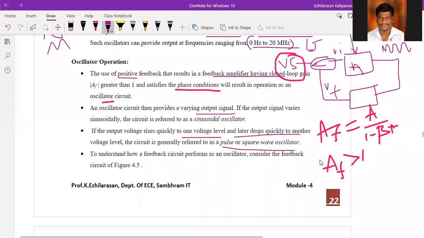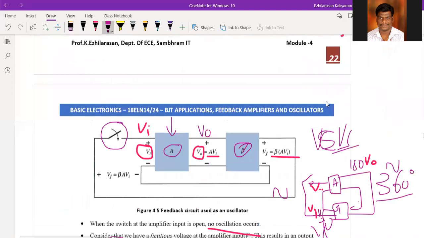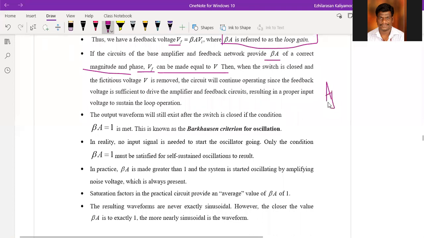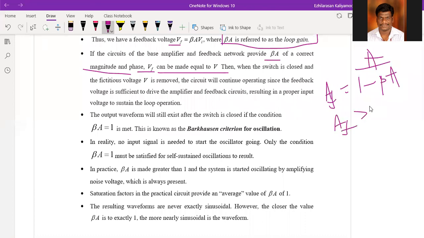For that only, you remember I said initially, in the positive feedback amplifier, your AF must be greater than 1. How can I get AF greater than 1? If I want that, for example, I will write AF is equal to, for positive feedback, A divided by 1 minus beta A. Now you think I should get AF greater than 1.